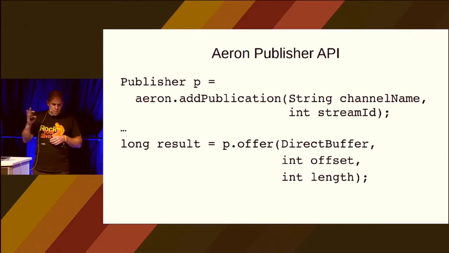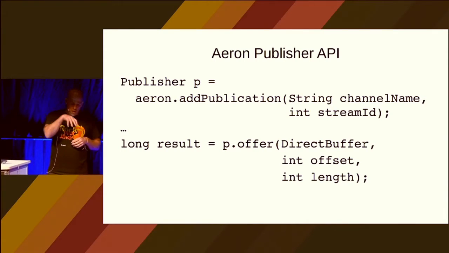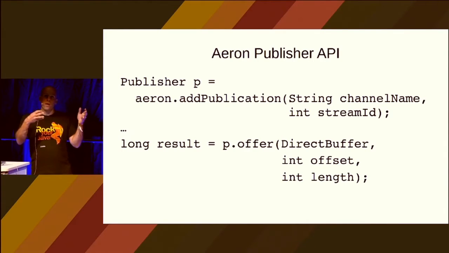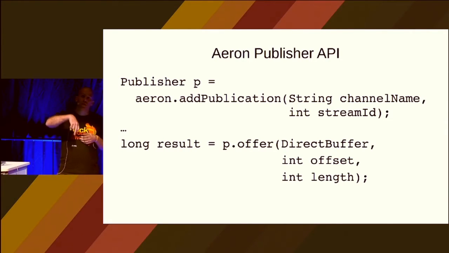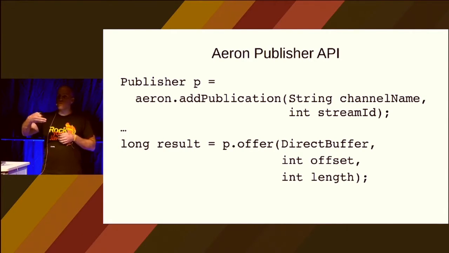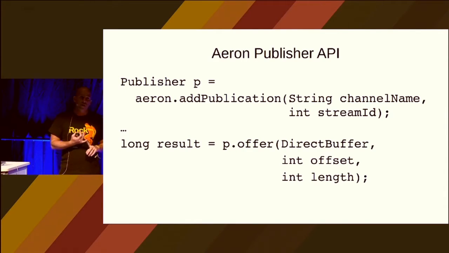And performance is great, but we're not really touching on performance here. The API looks like this. You create a publication, and then you offer a byte buffer in. In this usage of the API, Aaron will copy out your data. So you offer a direct buffer. This is not the Java direct buffer. It's part of Agrona.